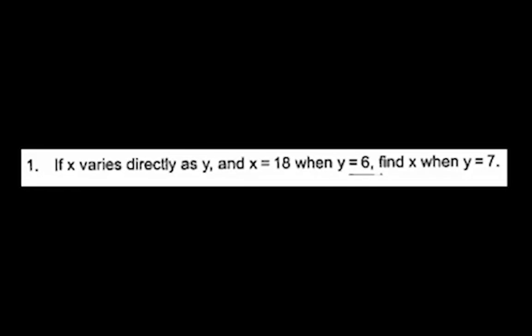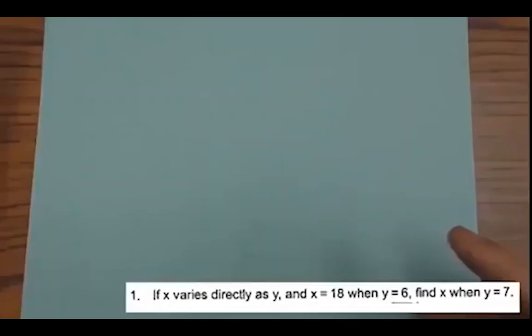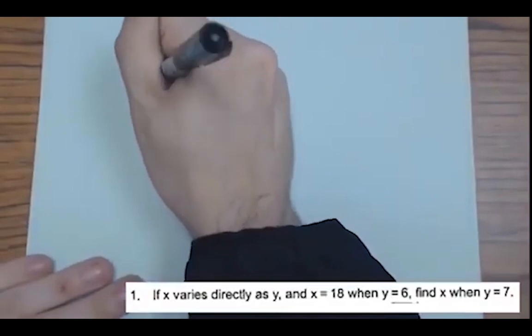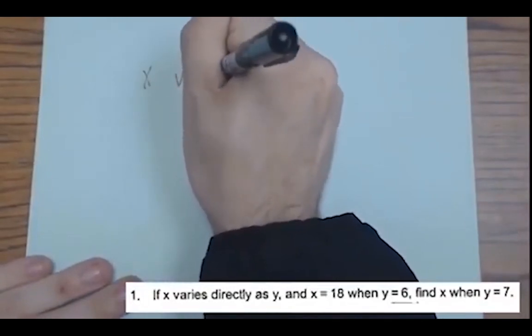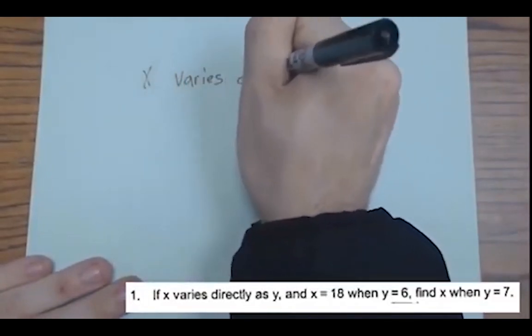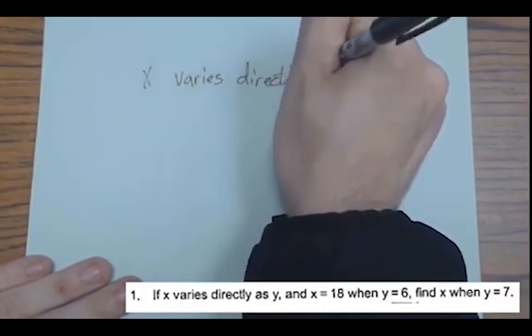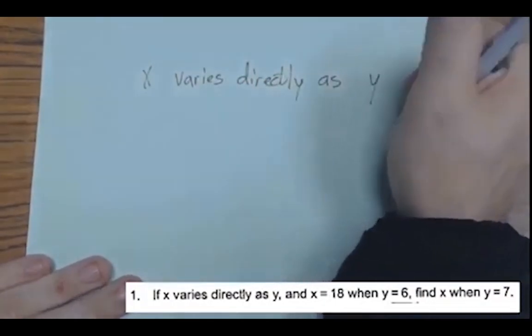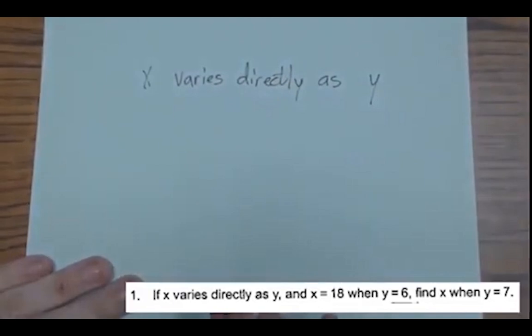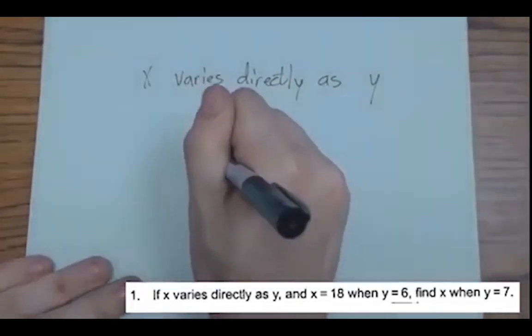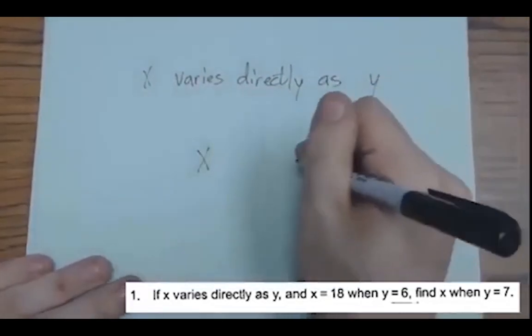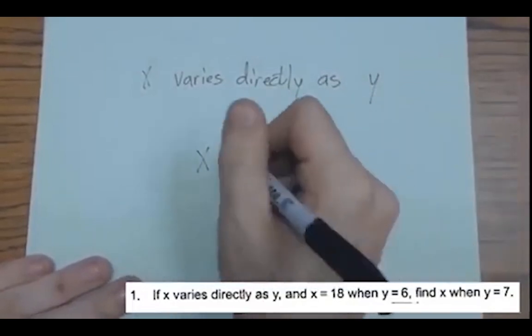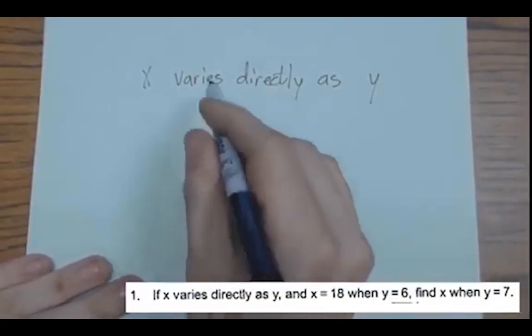So right off the bat, if x varies directly as y, we need to know how to translate this. X varies directly as y is almost self-explanatory. X is x, y is y, but we can't just put equals.